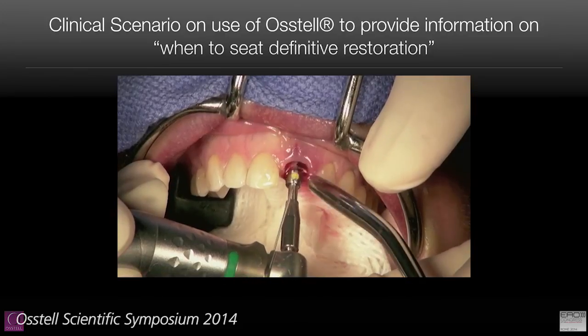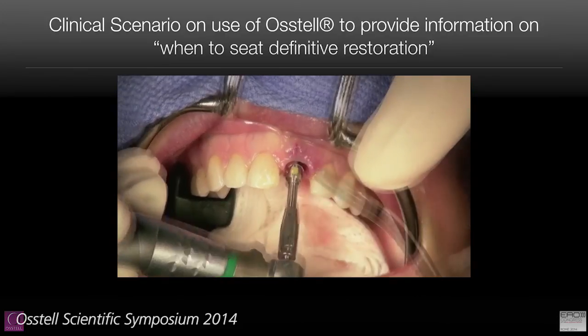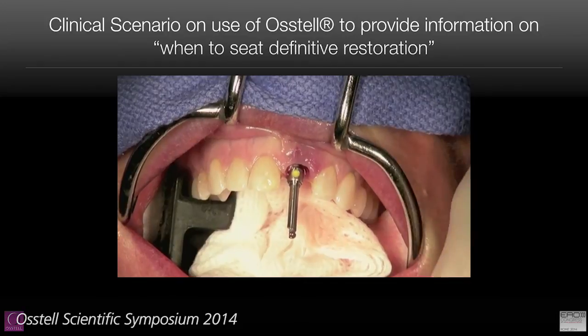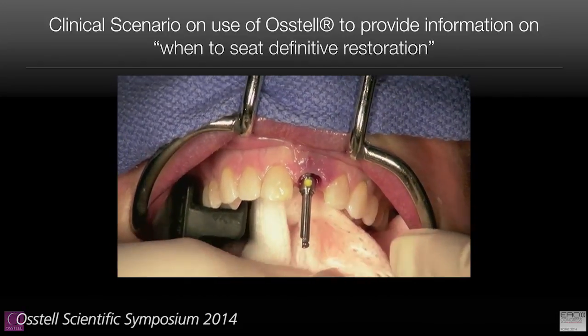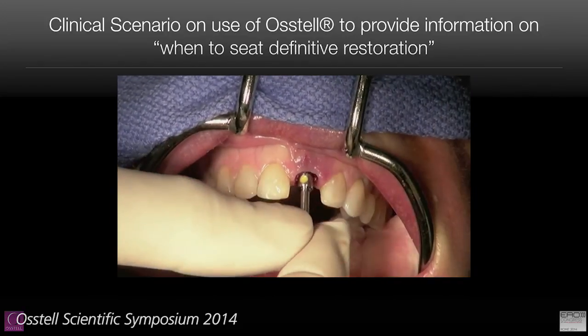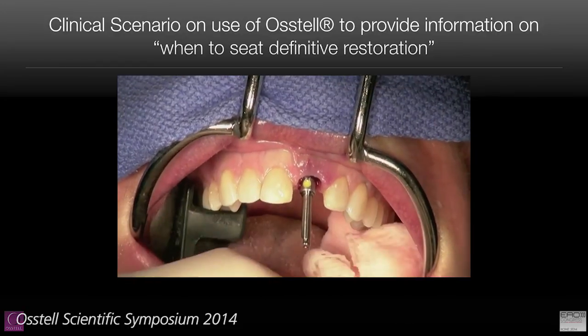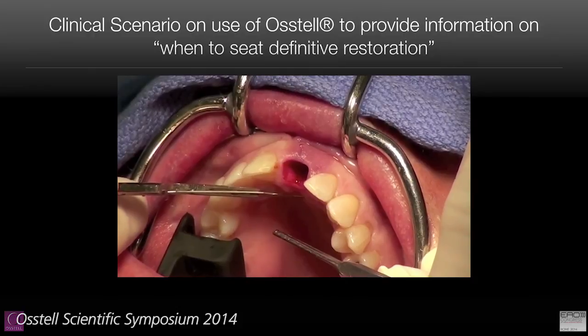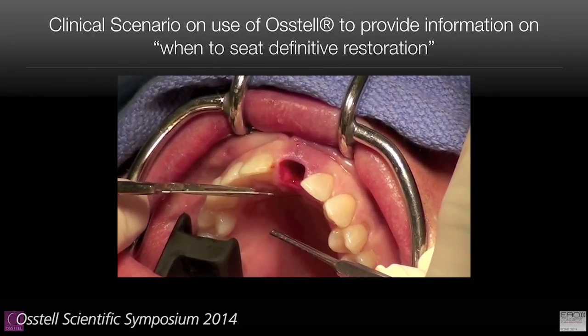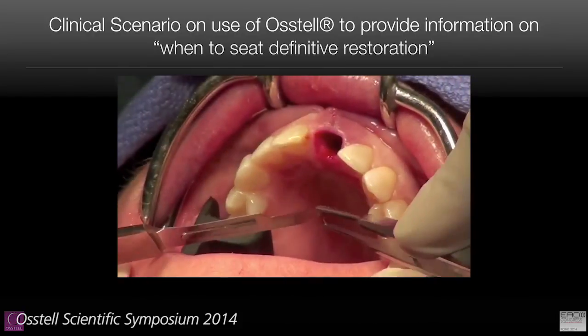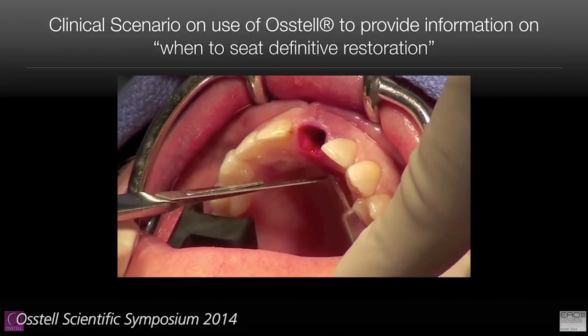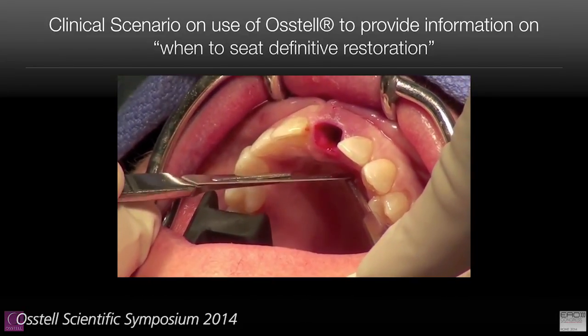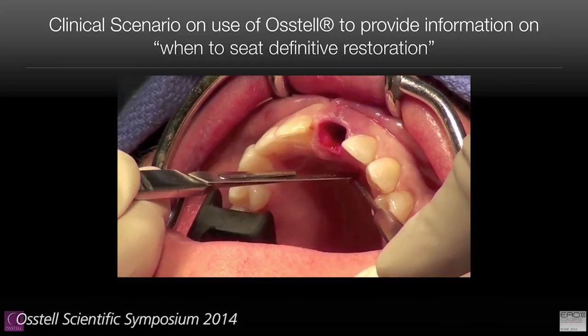Once I have done that, the key that I look for is whether that drill stays in that site or not. If that drill comes out, then we will have a very difficult time gaining initial stability. But if we can establish that resistance with the twist drill, then I for sure can gain some stability.